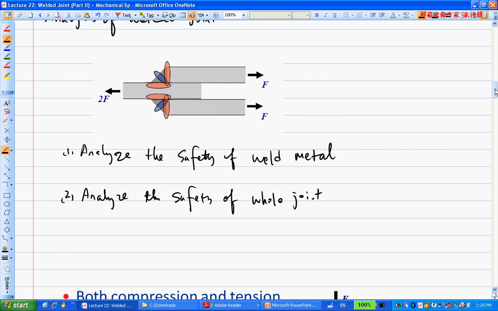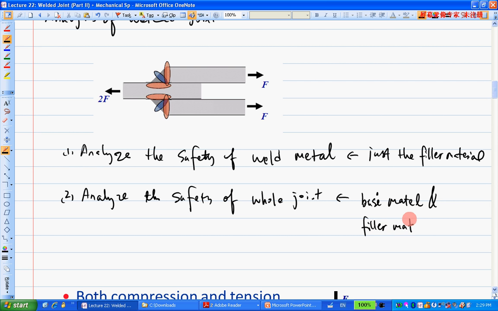So in the first case, just the filler material matters. In this one, all materials: base metal plus filler material. So we have to take both cases into consideration here.